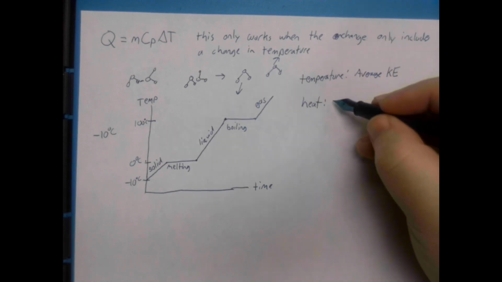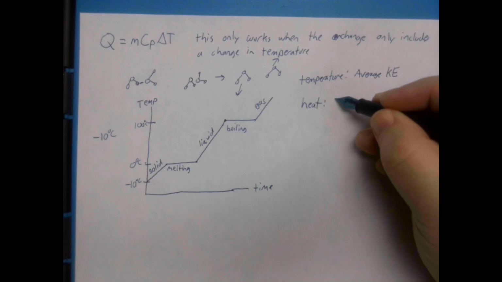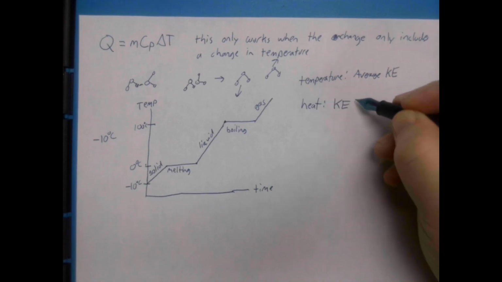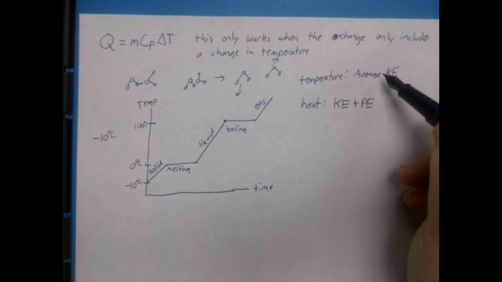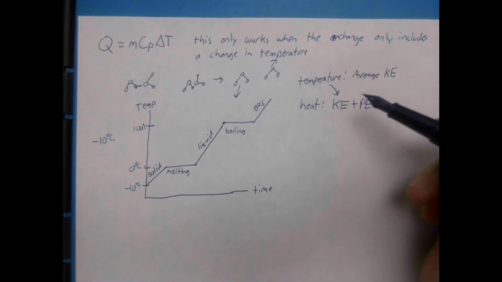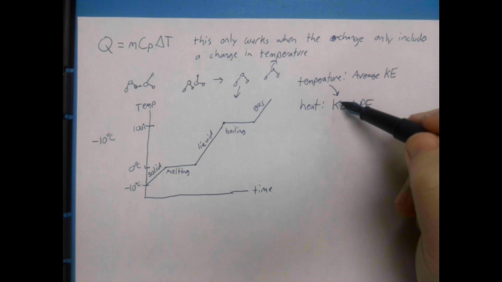And I wrote later on top of it, I wrote something else: the total energy. So heat is a measure of kinetic energy plus potential energy. Temperature is the kinetic energy portion. If we were to plot this, we see during boiling, the temperature isn't moving.